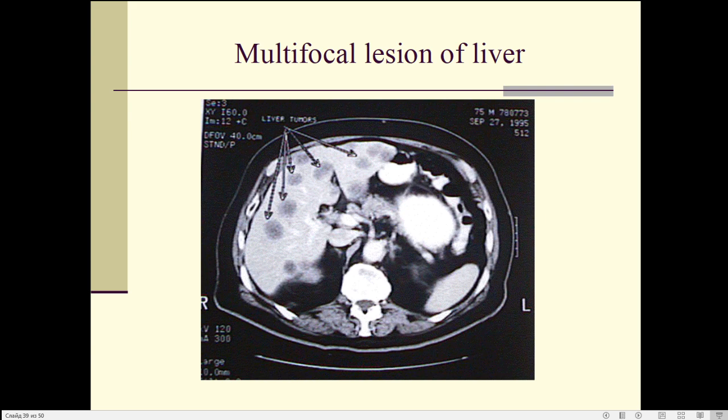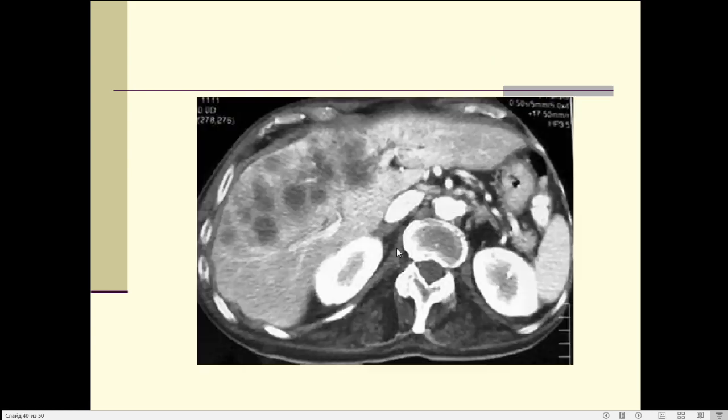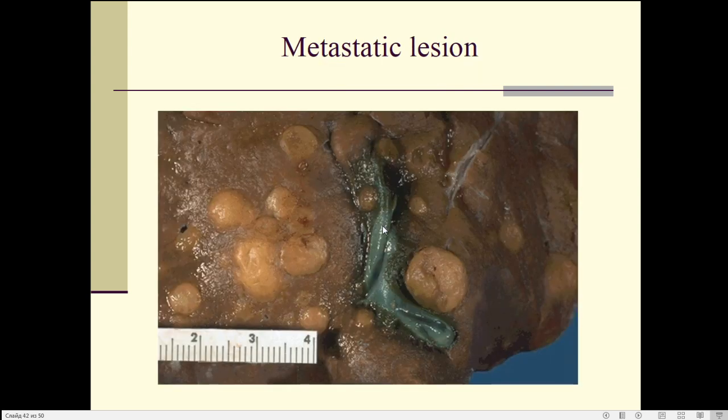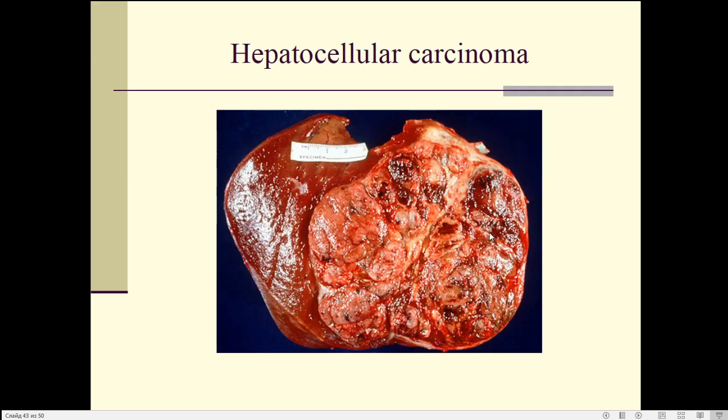Here we must do differential diagnosis between primary liver cancer and secondary from other organs, because of multiple nodes. Microscopic investigation of the tumor: adenoma, or metastatic lesions, multiple metastasis.